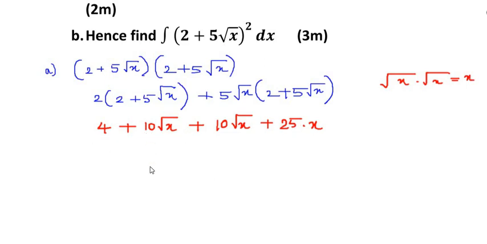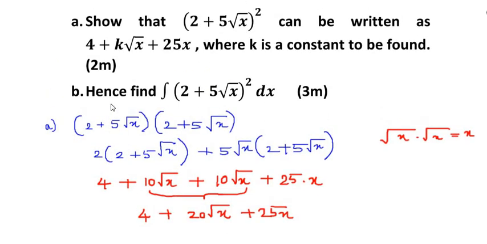So now further simplifying, we can write it as 4 plus, these two are like terms so we can add them, 10 plus 10 gives us 20, and root x is over here, plus 25x.